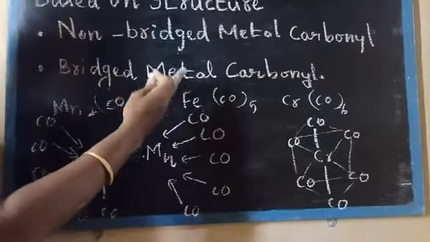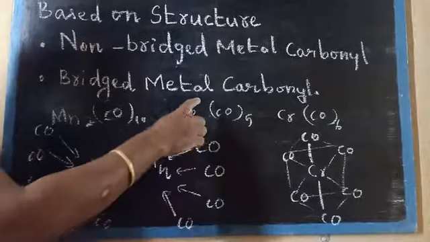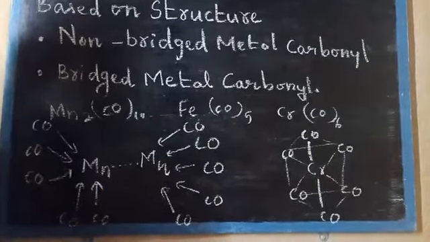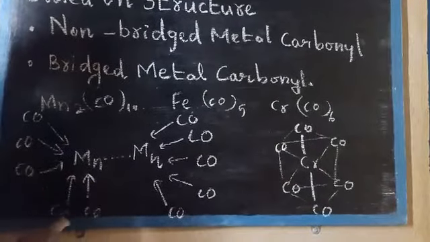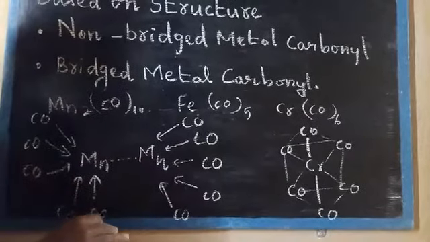So non-bridged metal carbonyl is explained in two ways: one is only terminal carbonyls, and the second is terminal carbonyls as well as a metal-metal bond.